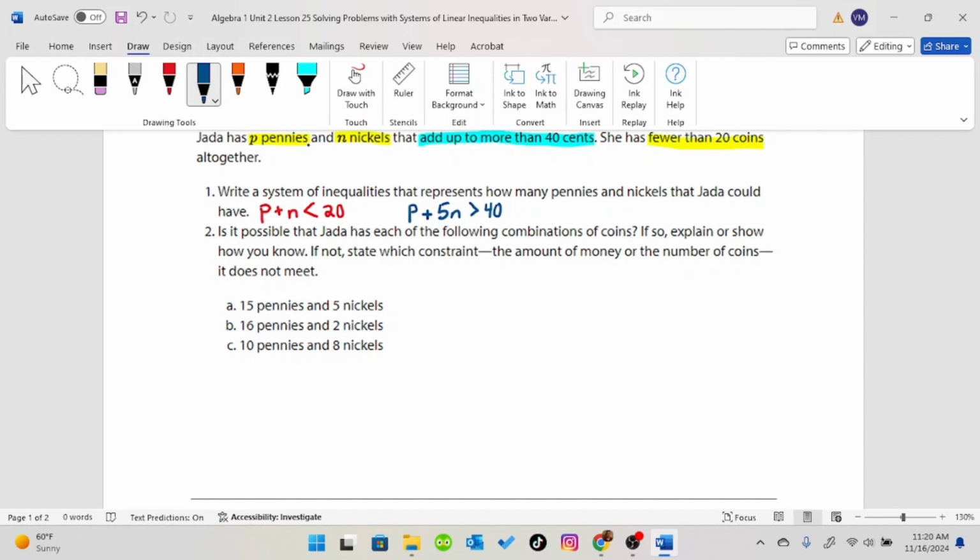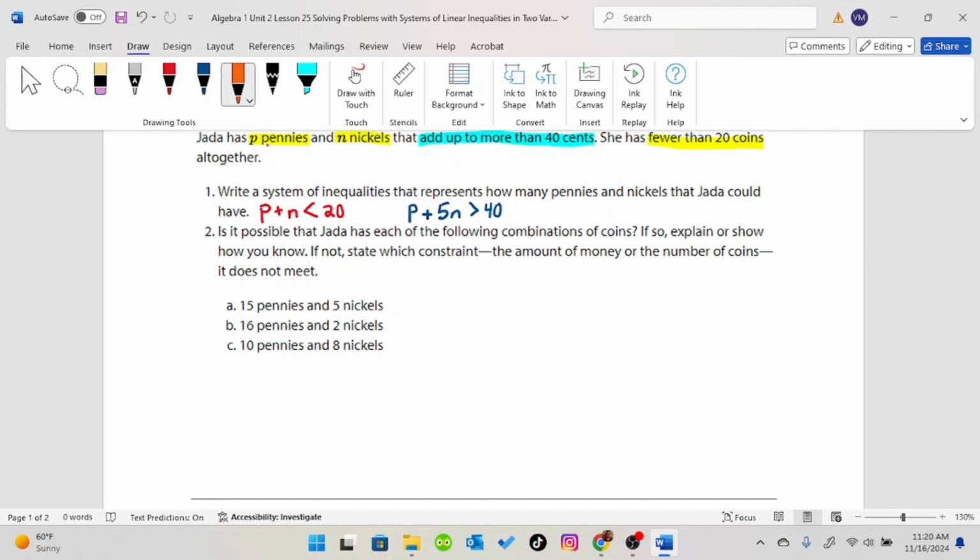Now, number 2. Is it possible that Jada has each of the following combinations of coins? If so, explain or show how you know. If not, state which constraint, the amount of money or the number of coins, it does not meet.